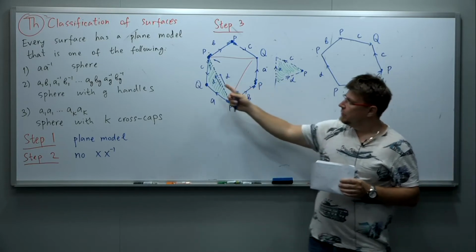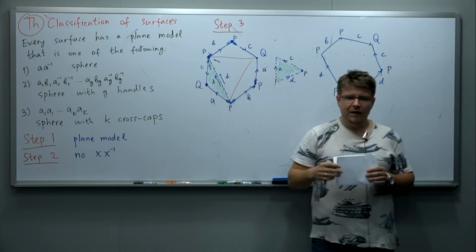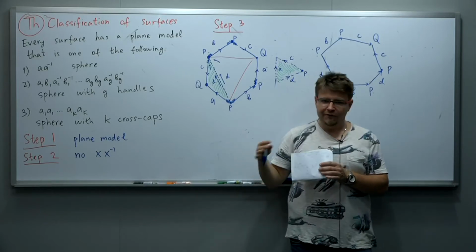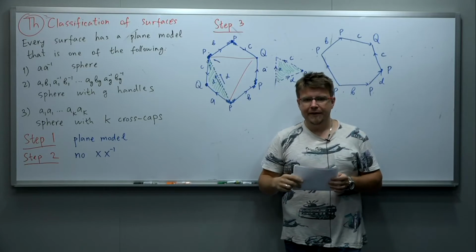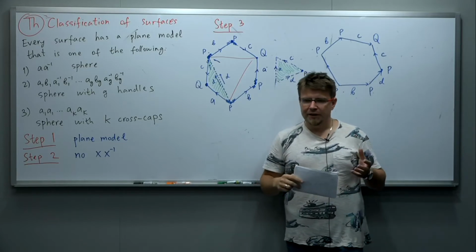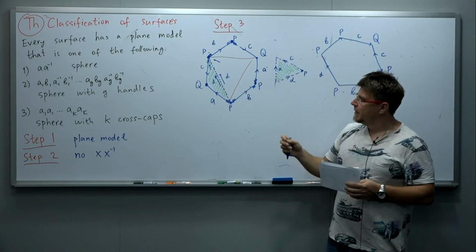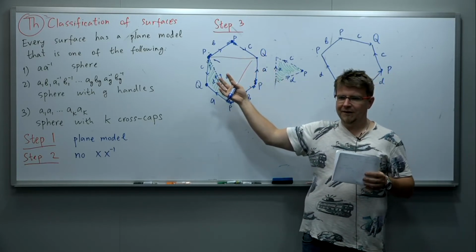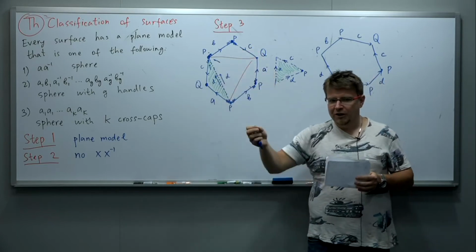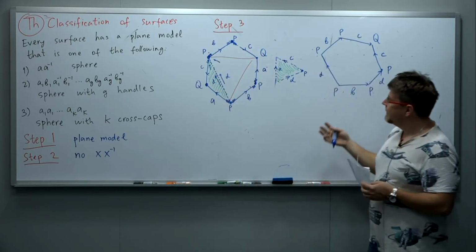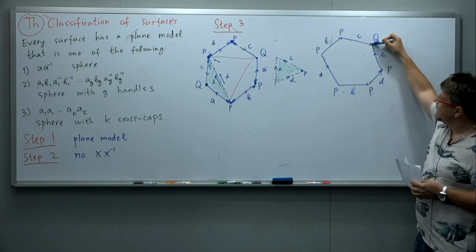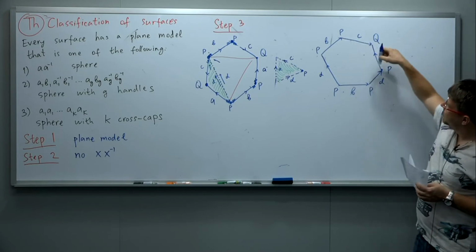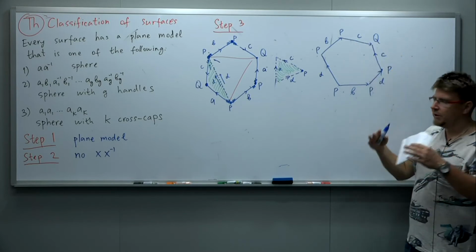In this case, since there were just two copies of Q, after we apply this there's going to be just one copy of Q. If you think about it a little bit, you will realize that the only possibility for when we can have just one copy of a vertex, a vertex of the polygon that is not glued to any other vertex, is when there are two edges with the same label that point right towards it.